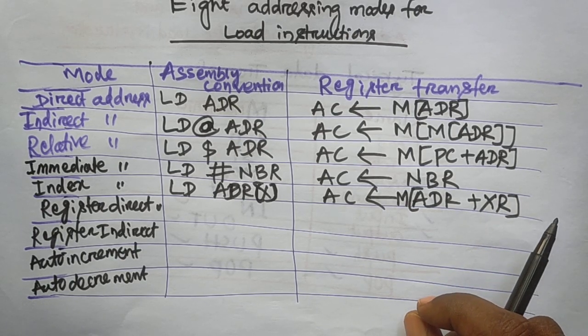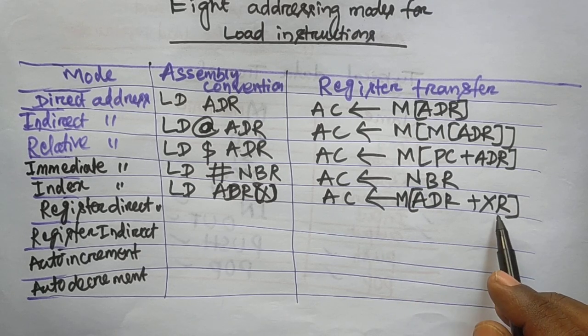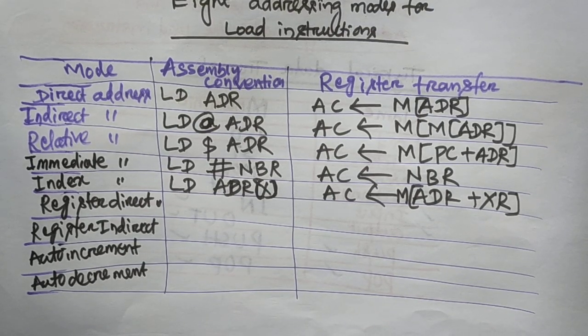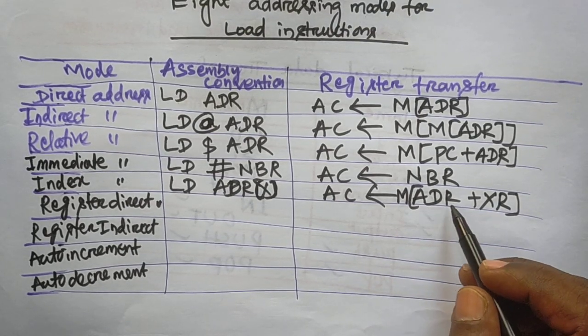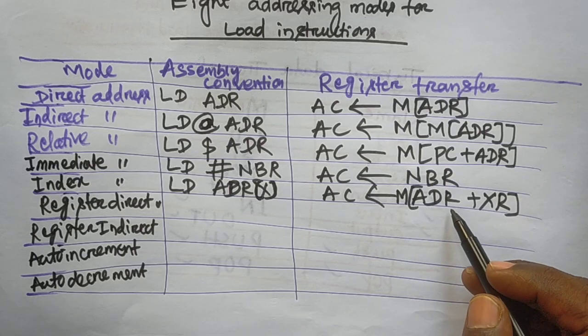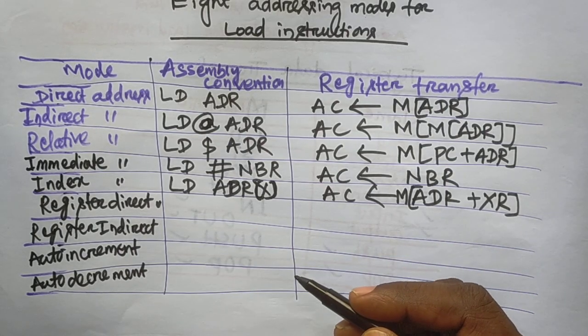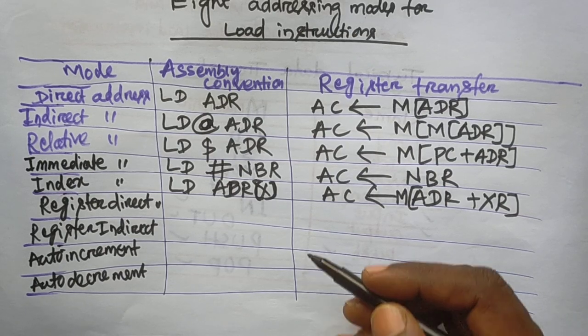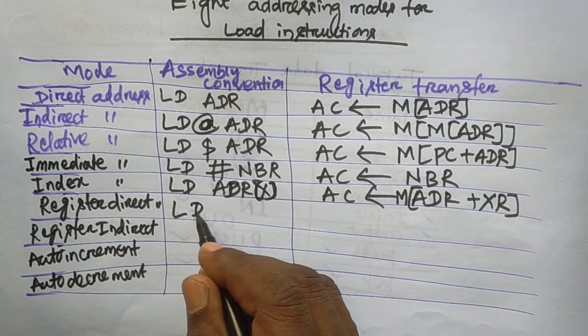One address is collected from the index register, plus some address from memory, and transferred to SC.